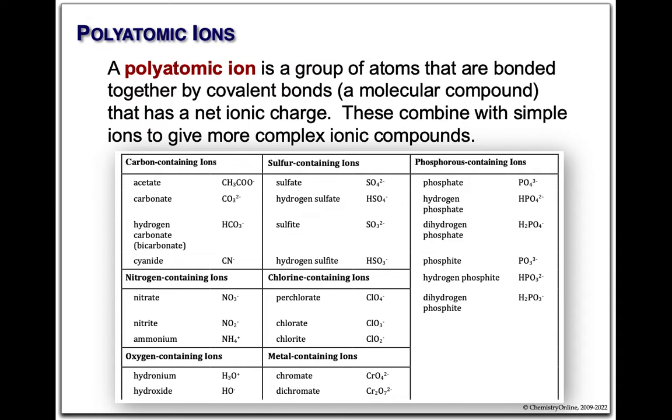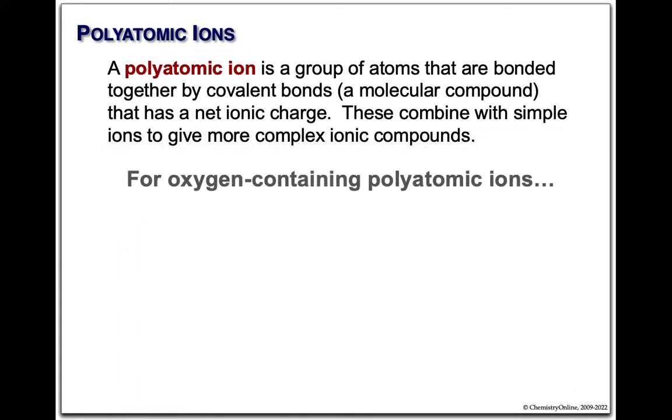There is one little trick, though, that makes this a little bit simpler. If you notice, these guys all are bonded to oxygens, right? For oxygen-containing polyatomics, we can identify one particular polyatomic ion, and we'll call it the parent.